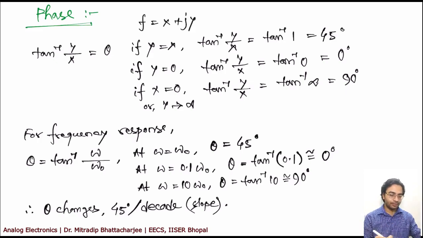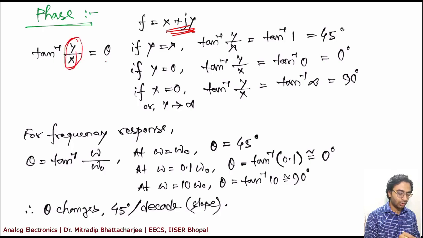So here I have shown you, if you have a function x plus jy, we generally say jy in the circuit analysis. So if the function is x plus jy, then your phase will be tan inverse y by x, or theta.